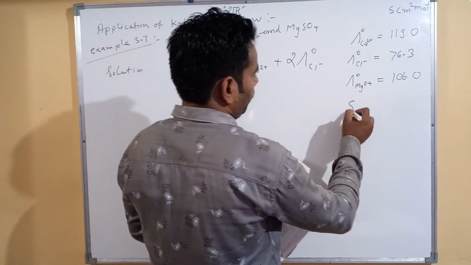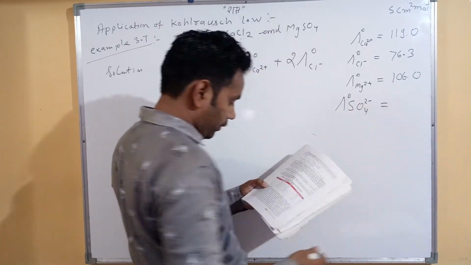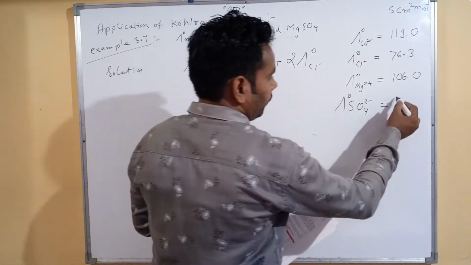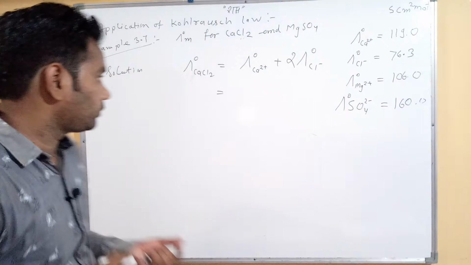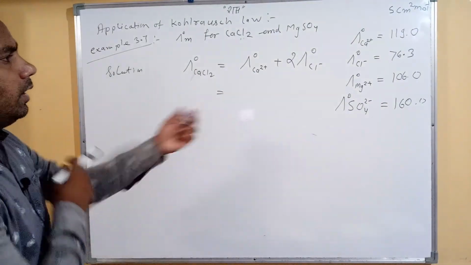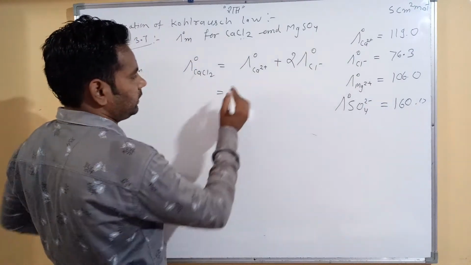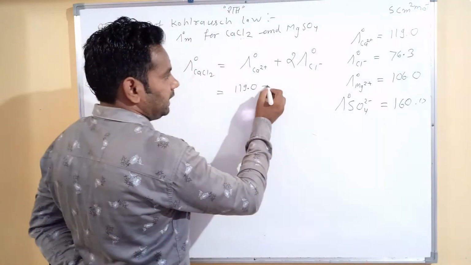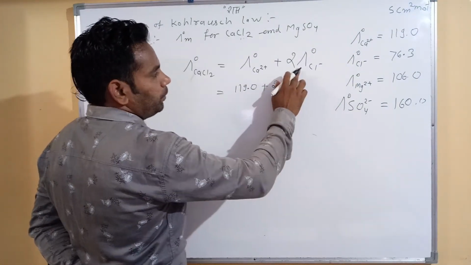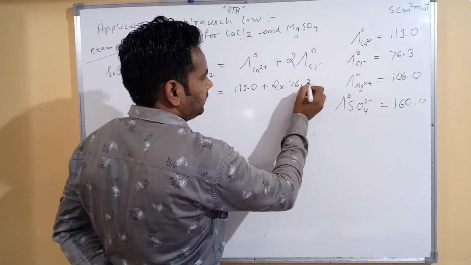Then the limiting molar conductivity of SO4 2 negative ions is 160.0. Now I calculate easily. Put the value of Ca2 plus ions, 119.0, then 2 into the molar conductivity of Cl minus, 76.3.